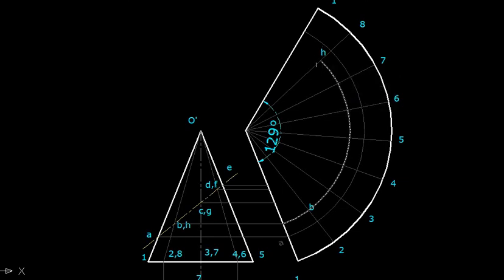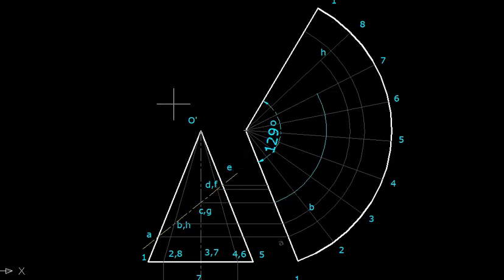Okay, so similarly I will mark the points for C and G. For C, I will take this distance in compass and mark the arc up to 7.